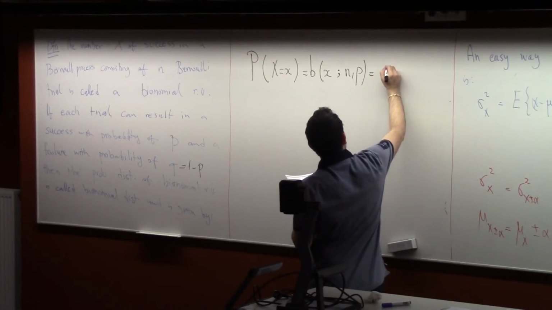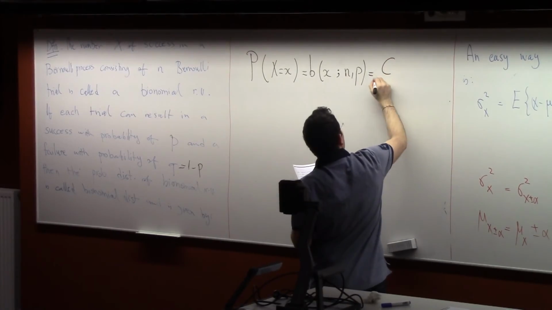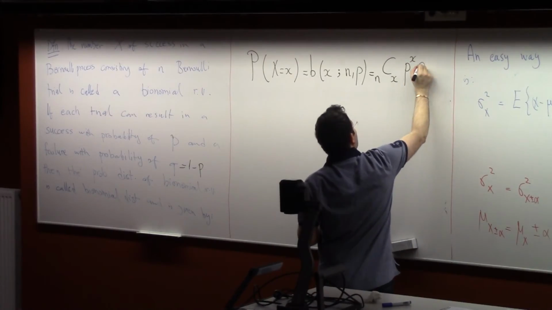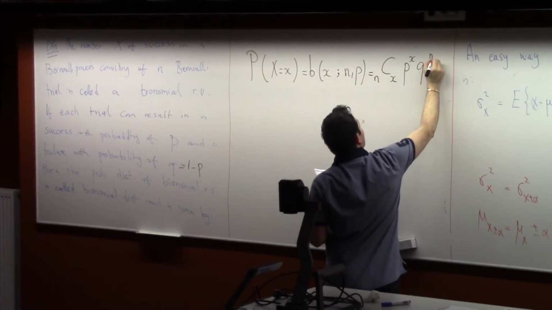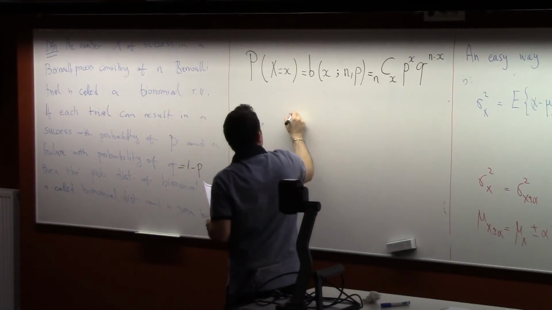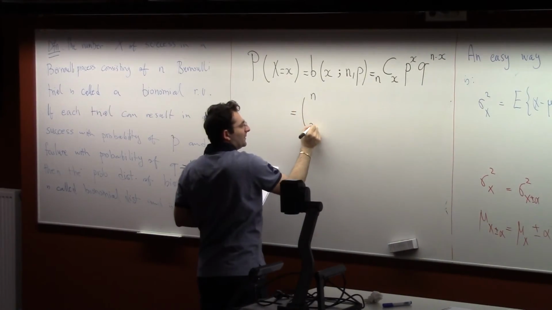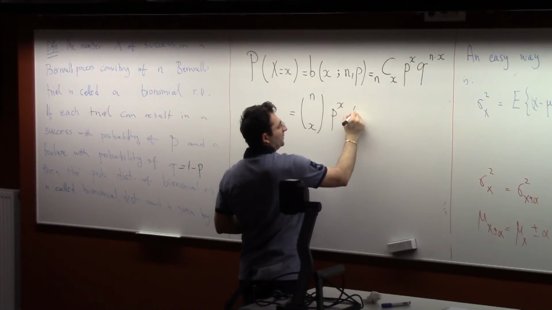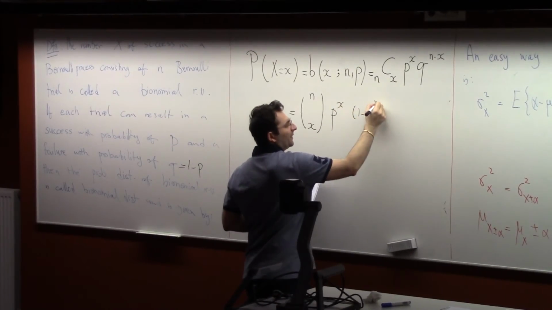So it is equal to n combination of x, P to the power x, Q to the power n minus x, which is written as n over x multiplied by P to the power x multiplied by 1 minus P to the power n minus x.